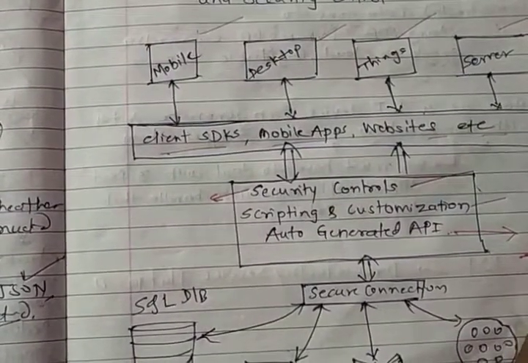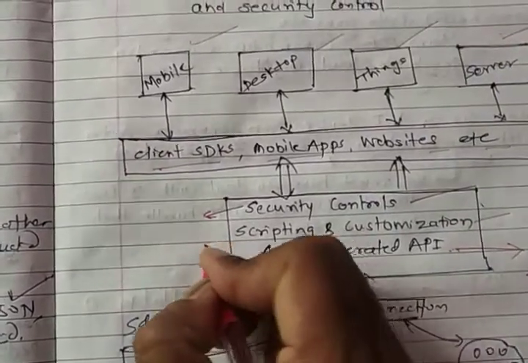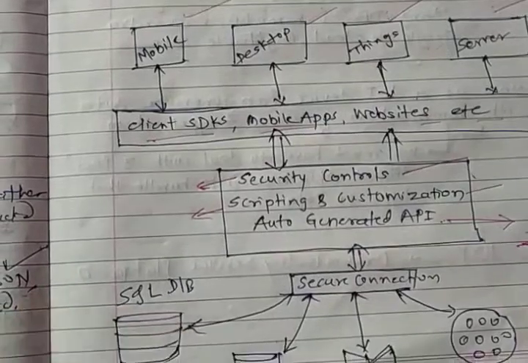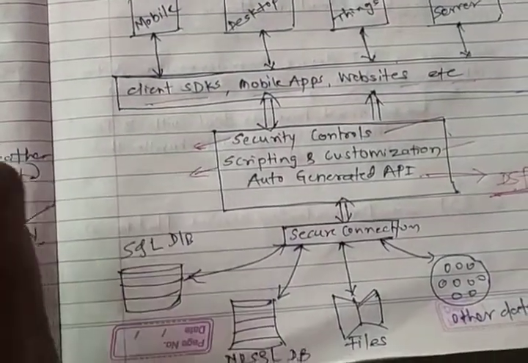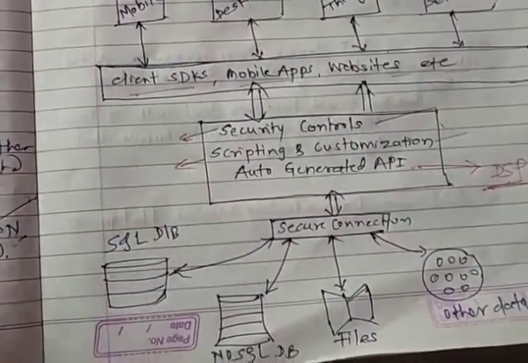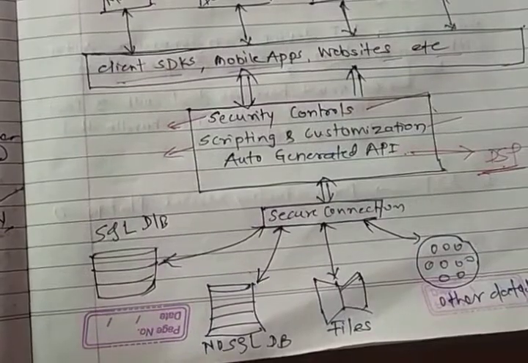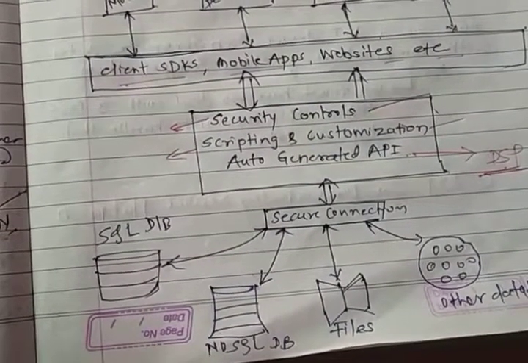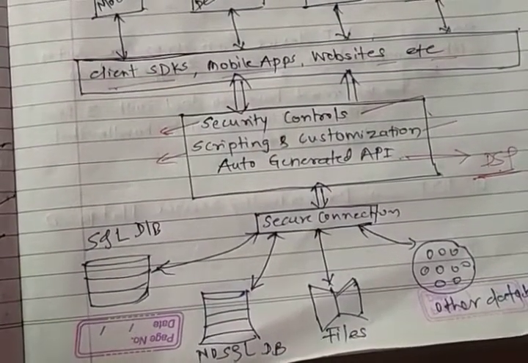So DSP is responsible for determining the authentication of the particular user, right? DSP is known as Data Factory Service Platform, right? The second one is scripting and customization. Now what do we mean by scripting and customization? Only the type of data the particular user requires will be provided to the user, right? It means only the customer services that are provided to the particular user will be provided.